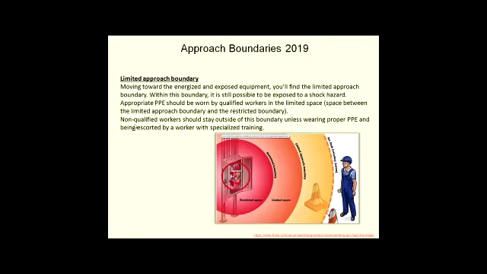Non-qualified workers should stay outside of this boundary unless wearing proper PPE and being escorted by a worker with specialized training. So in this case, you can see that the non-qualified person can come a little bit closer, as long as they are accompanied by a qualified person, and they should wear the PPE.